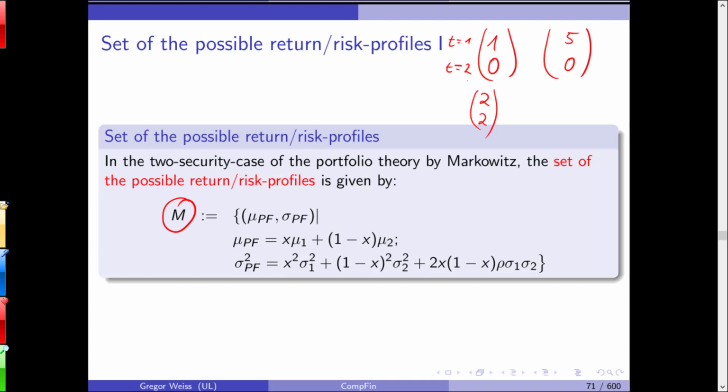Could be that it's possible, could be not. So we are interested in the set of possible risk-return profiles that is spanned by the available securities. And then we know this is the set of potential portfolios, and we want to single out the efficient portfolios and then find the optimal portfolio.